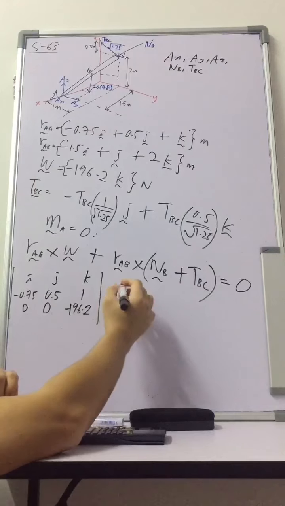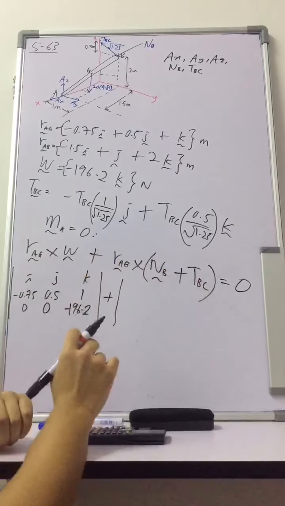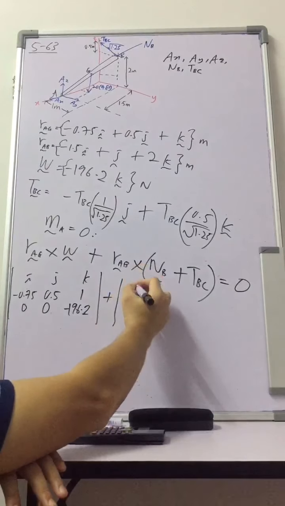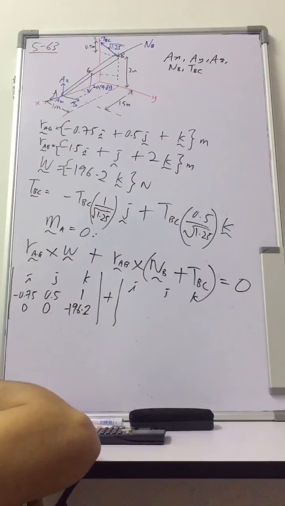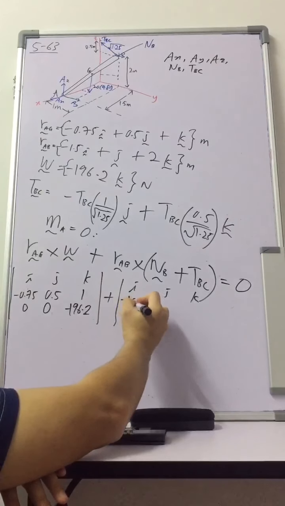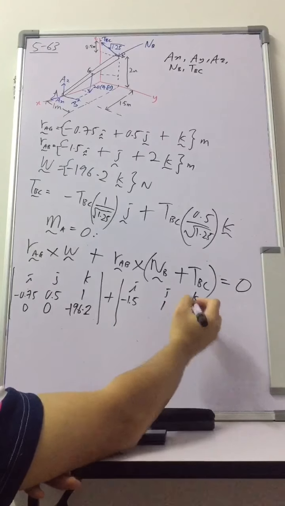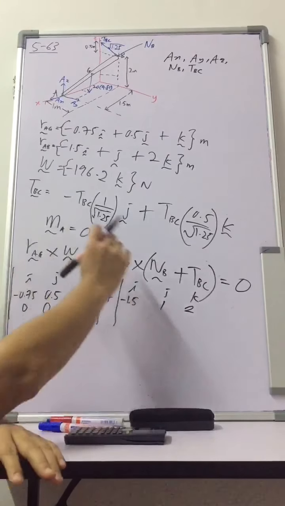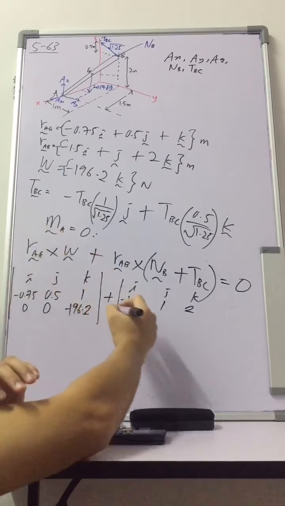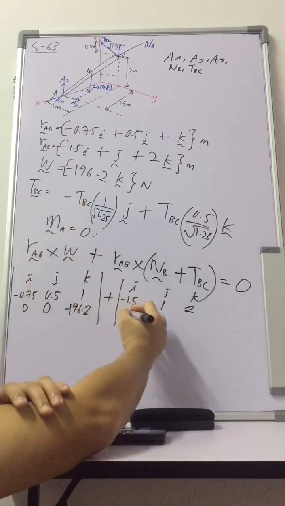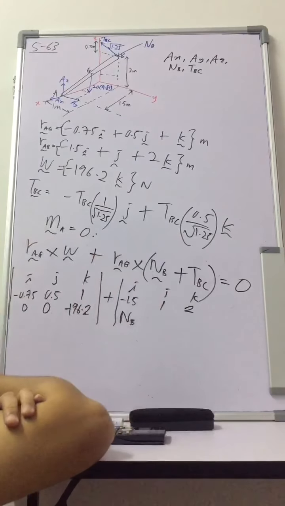And then plus RAB cross this. So again, I, J and K. RAB is minus 1.5 I plus 1 J plus 2 K. Cross NB plus TBC. NB is NBX, isn't it? Sorry, NBI. So plus NBI, right? Plus TBC.